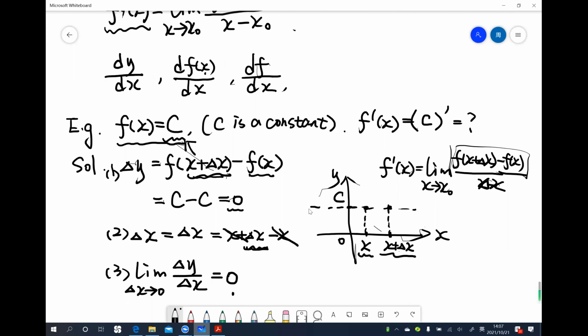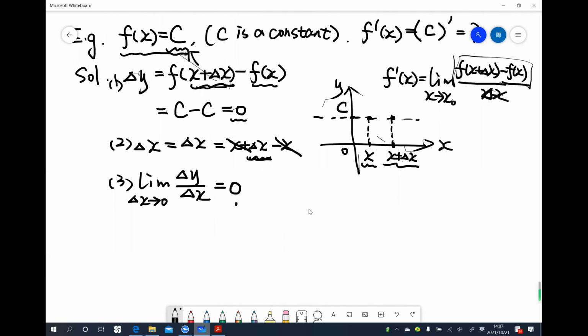So we know f prime x, or we can write c prime, equals 0. That means the derivative of a constant equals 0, no matter which constant.